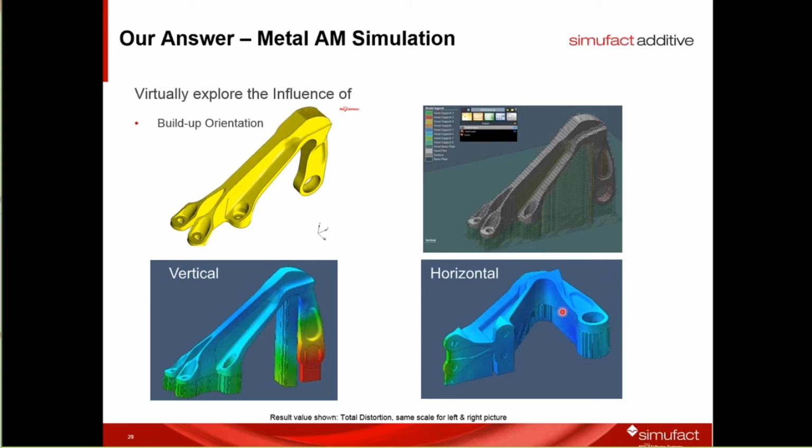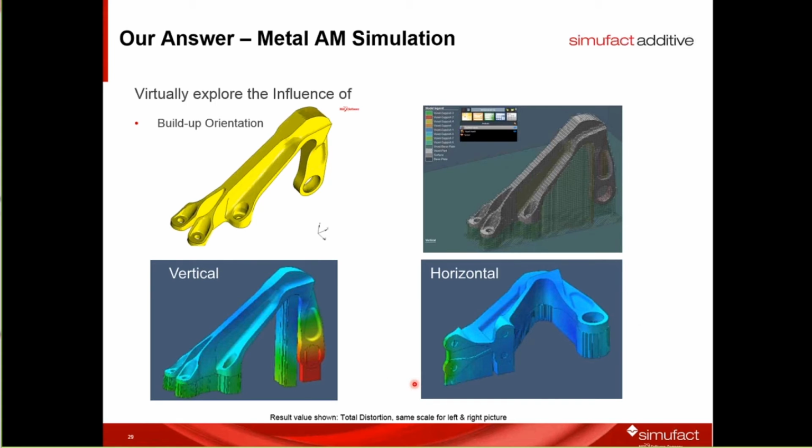You can also use Simufact Additive to look at what geometric configuration I should put in the part. So I start with this STL, and you can see I built some support structures over here, and I do the simulation in either a vertical or a horizontal configuration. We predict that this one, at this point, with the support structure still included, has higher deformation.